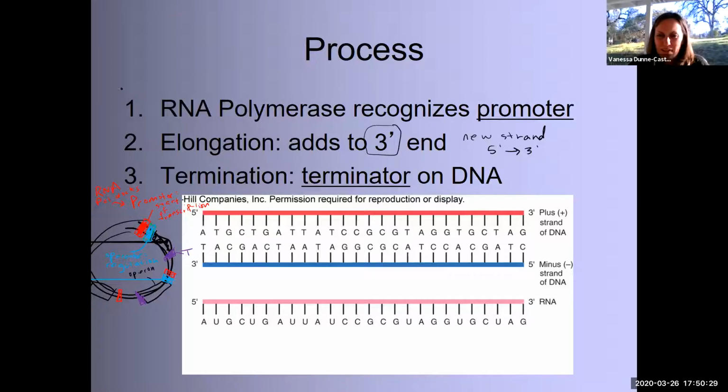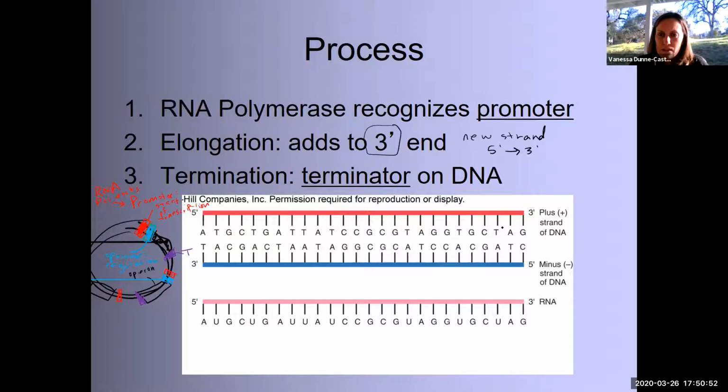Okay, stop. So again, let me just ask you again. The elongation, or the new strand, is made from 5' to 3'. The new strand's orientation is 5' to 3'. So considering this, what must be the template, the thing that starts off this process or is read by the RNA polymerase? It must be the complement to this.